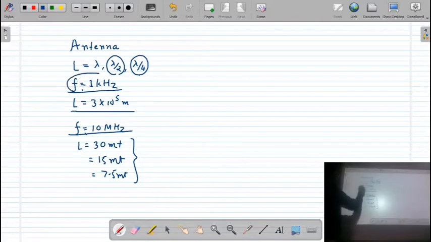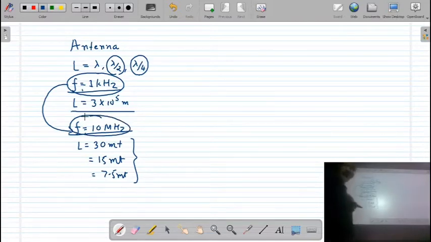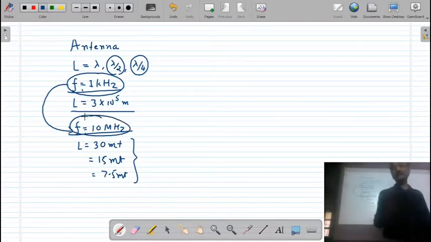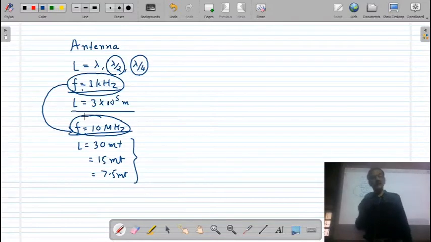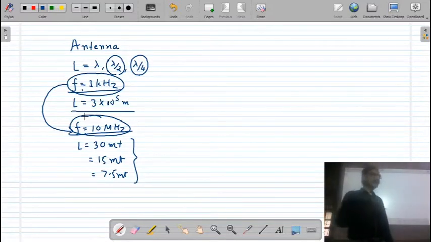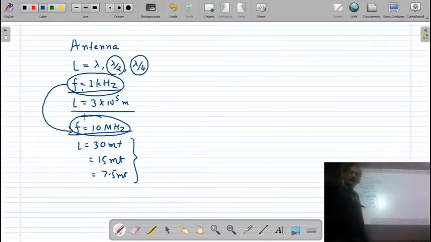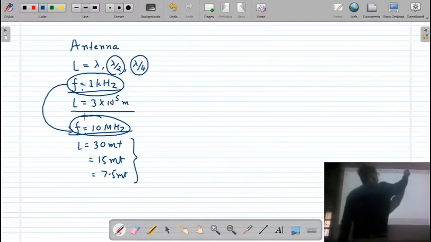So whatever the information signal is, it has to be superposed on a higher frequency, and that process is called the modulation process. So today we will see how we can superpose the signal.